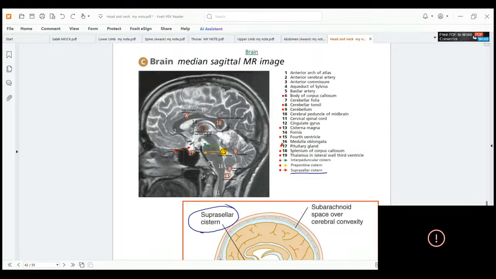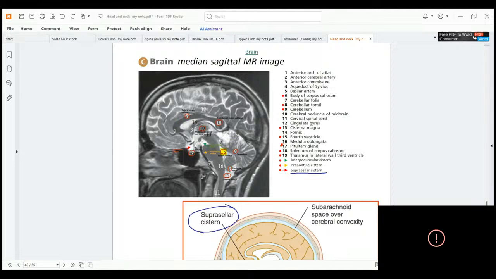Green is the interpeduncular cistern, and yellow is the prepontine cistern. Five is the basilar artery.